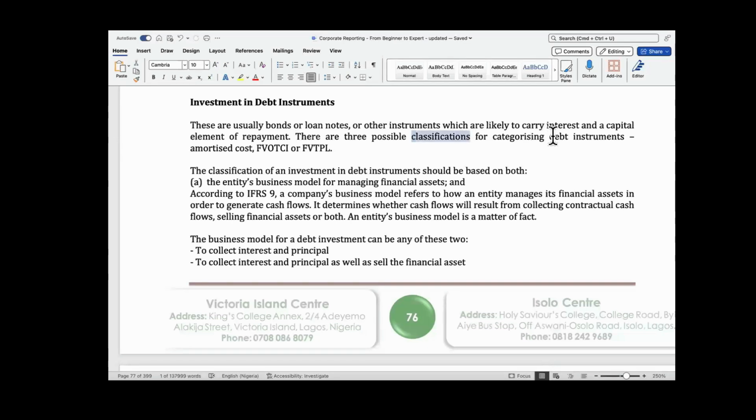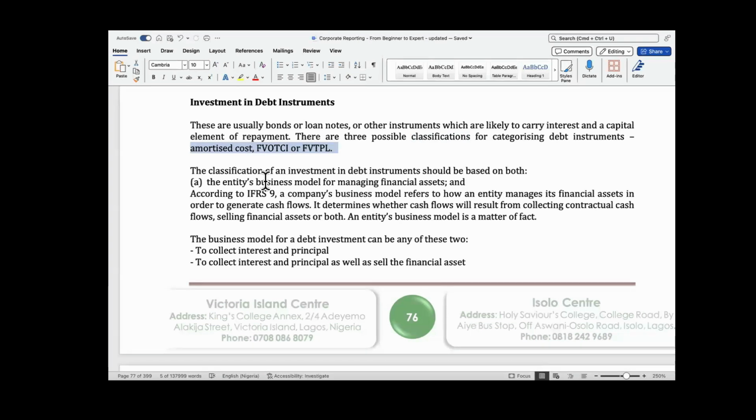For debt investment, or investment in debt instruments, there are three possible classifications. We have amortized cost, we have fair value through OCI, we have fair value through POL. These are the three possible classifications. And how would you know which classification to put your debt investment in?